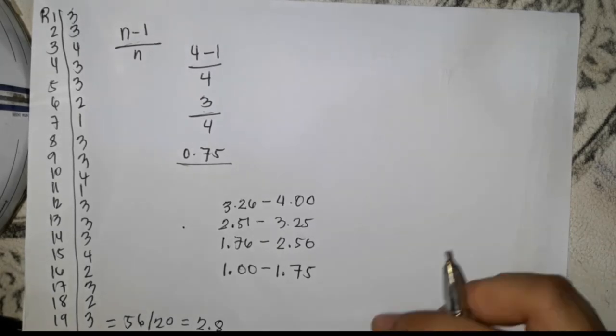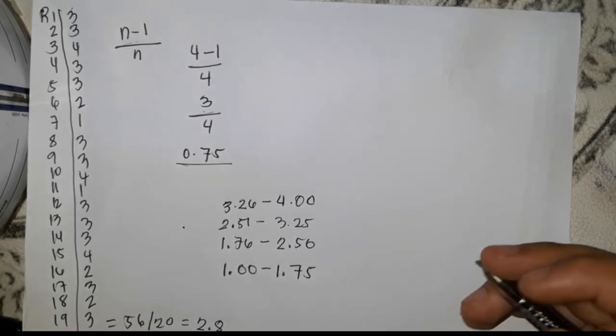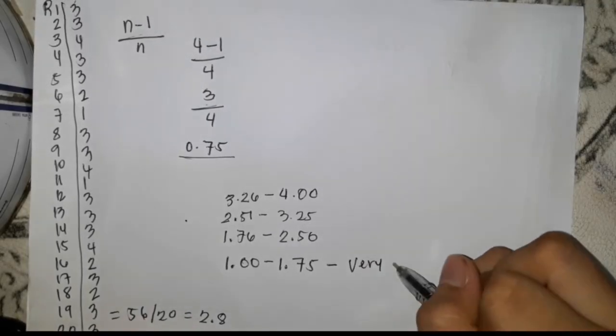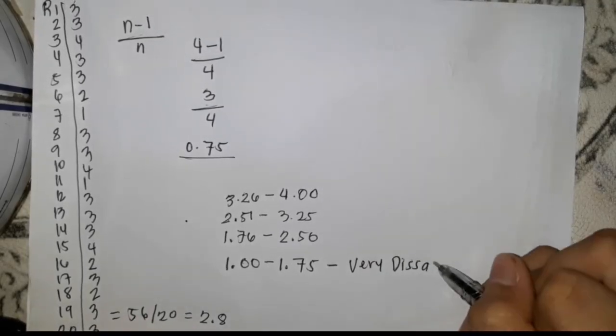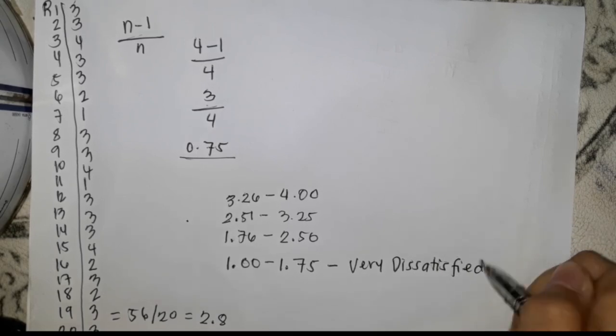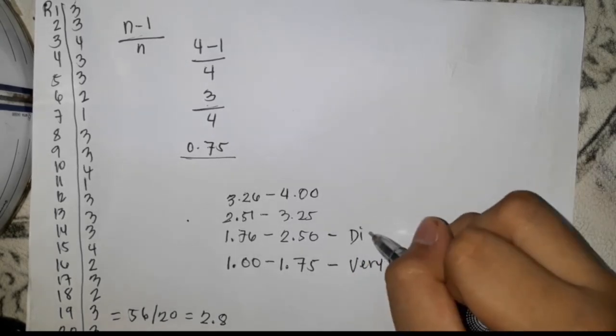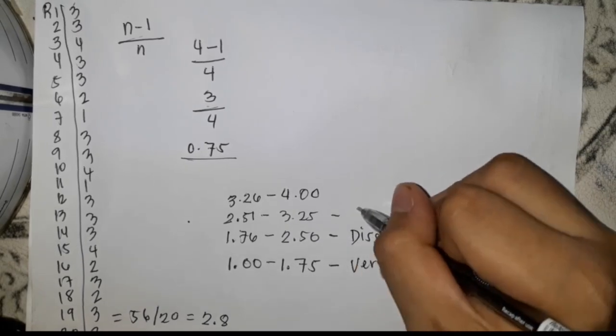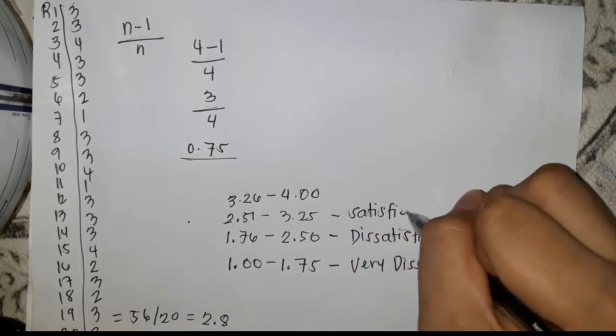Now we're going to interpret each of these ranges. So 1.00 to 1.75 is very dissatisfied. Dissatisfied. Satisfied.